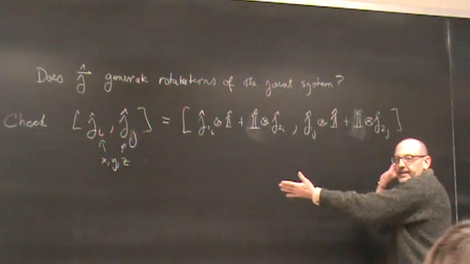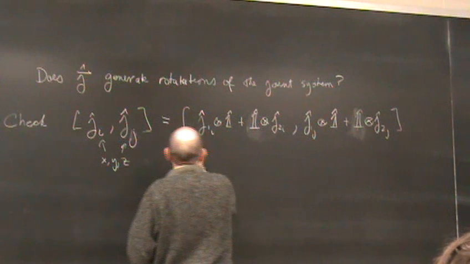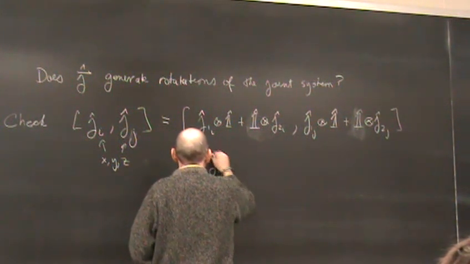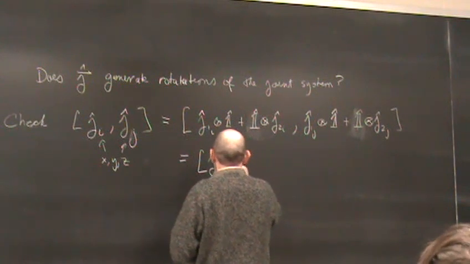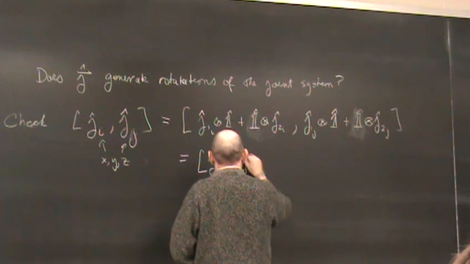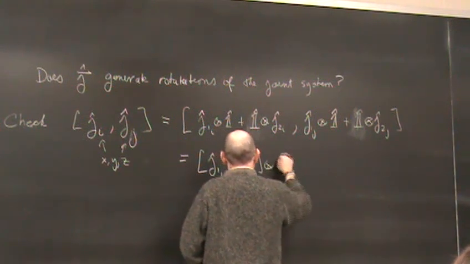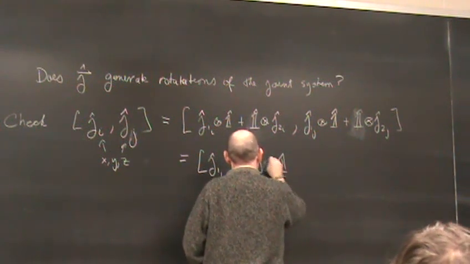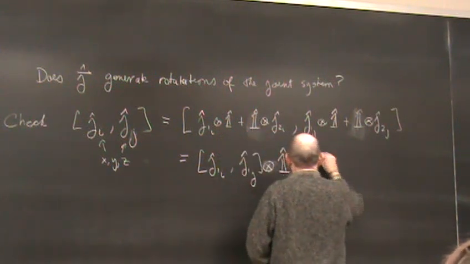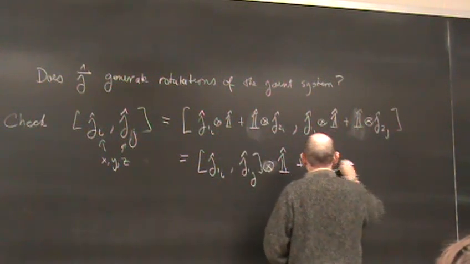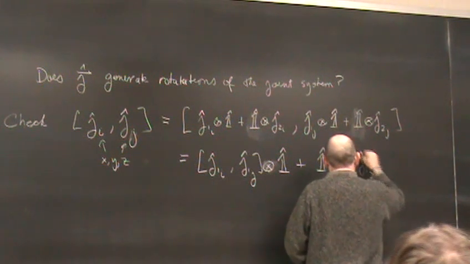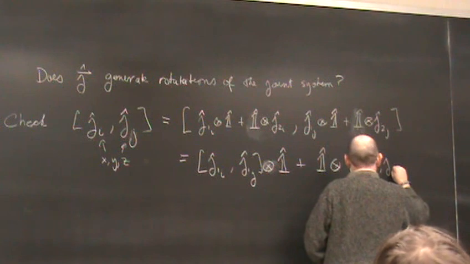That's written out explicitly here, and thus we see that this is equal to the sum of the commutators acting only between operators that act on 1 or on 2.